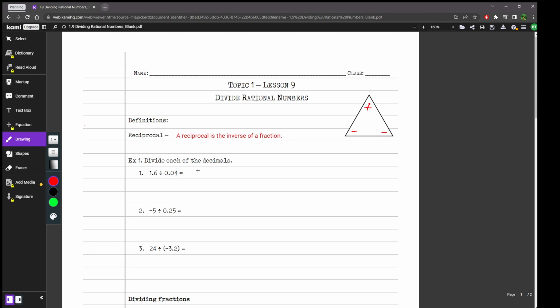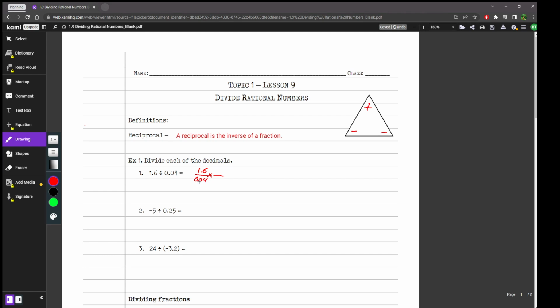Now, in order to divide decimals, we have to manipulate our numbers a little bit. So I'm going to write this as a fraction first, because we know that fractions are just division problems. Now, I want to get rid of these decimals completely. So in order to do that, I have to multiply my fraction by a number, top and bottom, in order to get rid of these.